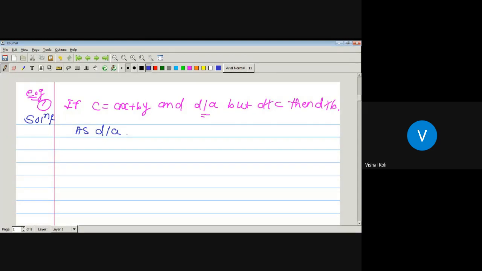Whenever d divides a, then a must be a multiple of d, which implies there exists an integer q1 such that a is nothing but d into q1.